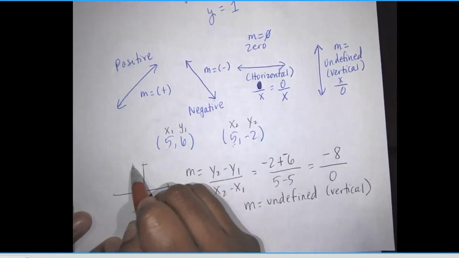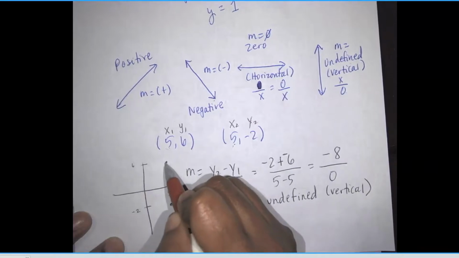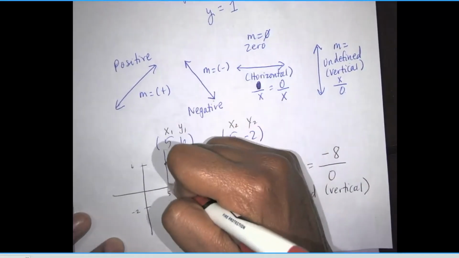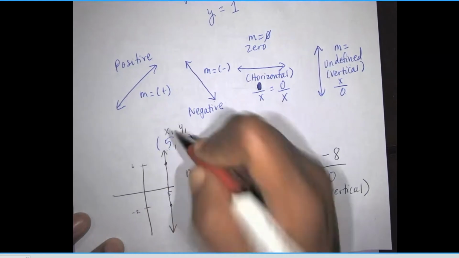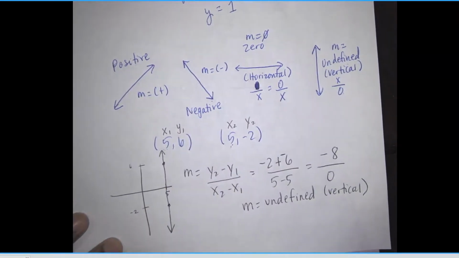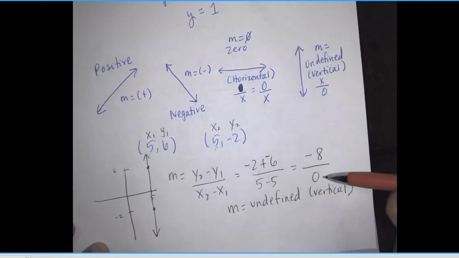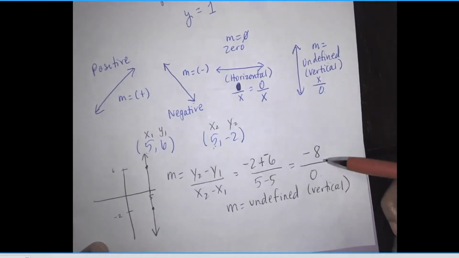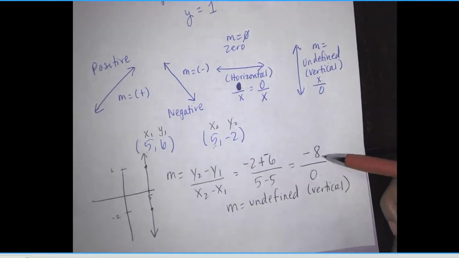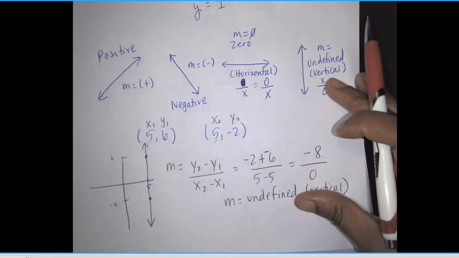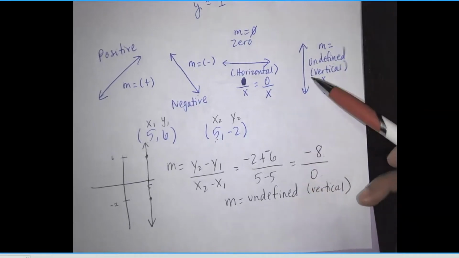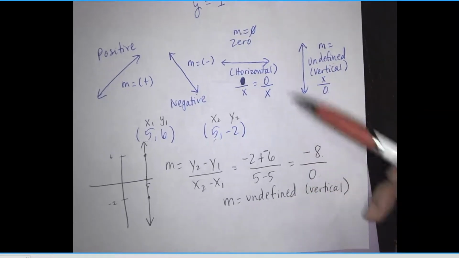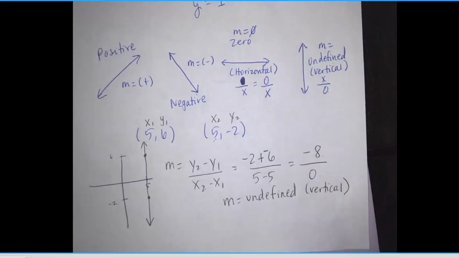As you can see, those points are right on top of each other, so you get a vertical line. Therefore, m is undefined, because you can never divide by 0. That would be an example of an undefined slope. Anytime you have a vertical line, m is undefined. Just remember that, and then I'll do a horizontal one.